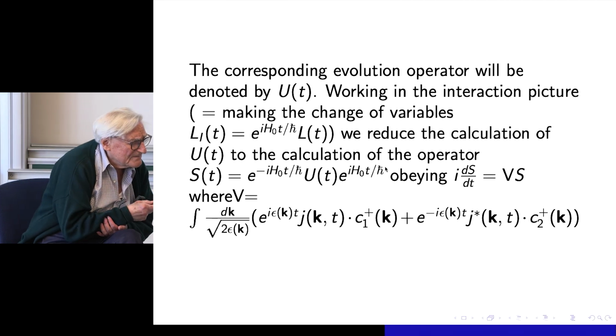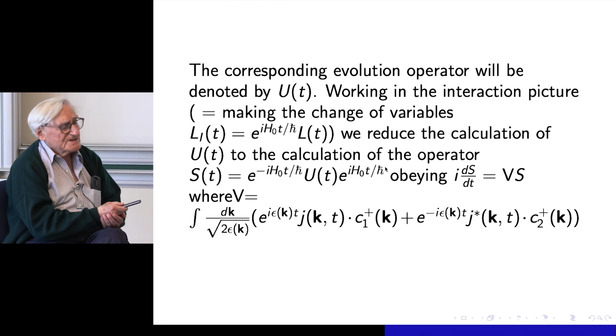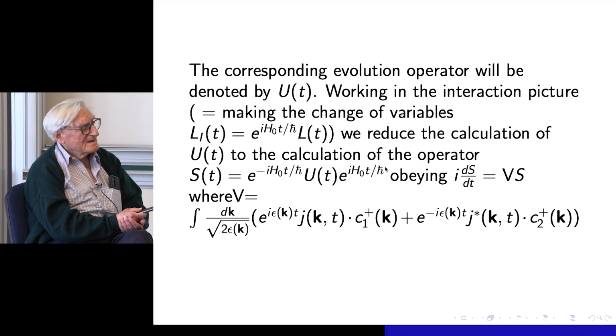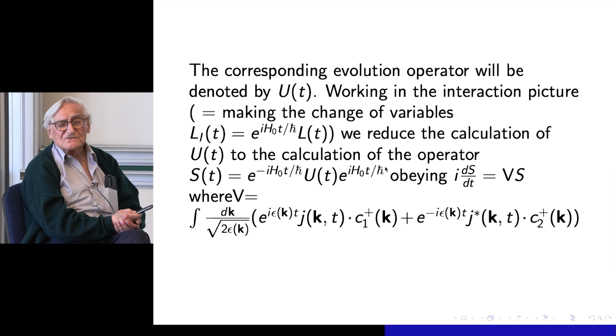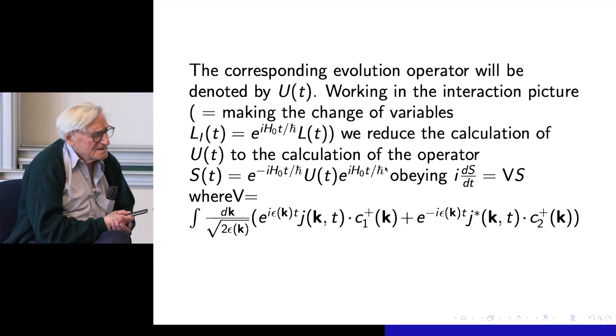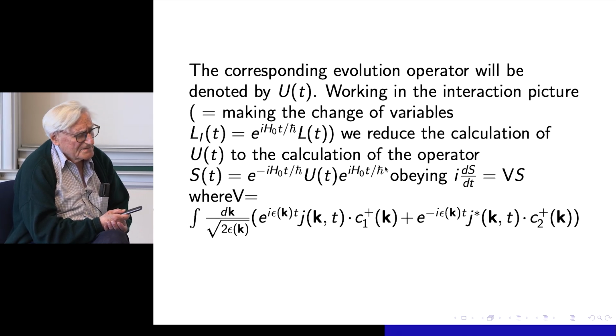This means that you have some kind of change of variables where you multiply this evolution by the evolution of the free Hamiltonian. Anyway, after some trivial change of variables, you will get equations of motion that have the following property.